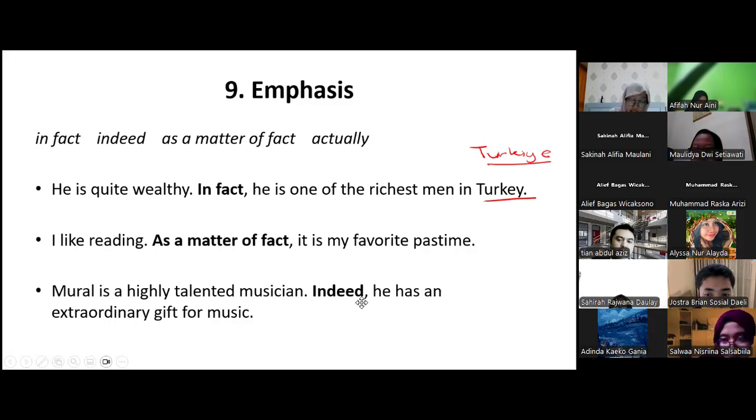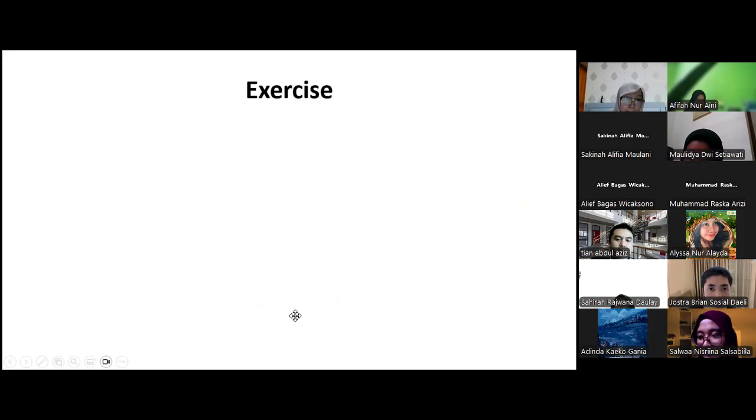Indeed, he has an extraordinary gift for music. Here we take emphasis of Murat. He is a highly talented musician and he has an extraordinary gift for music. Okay, thank you, Jostra.